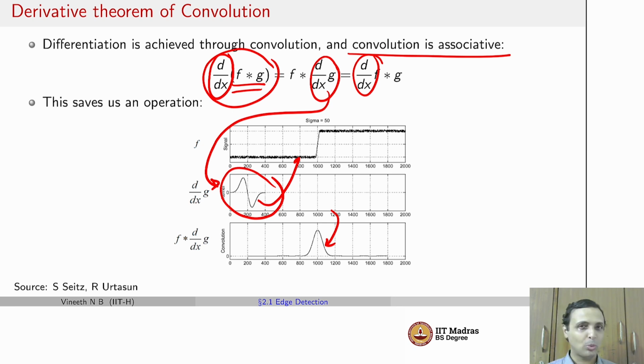So now it becomes a one-step process rather than a two-step process, which can save a lot of time and effort for you to compute the edge on a noisy image. And remember, this was possible because of the associative property of convolution, which we could leverage to make things easier.